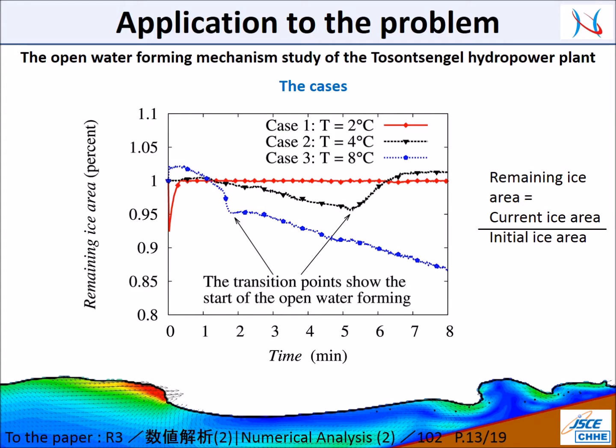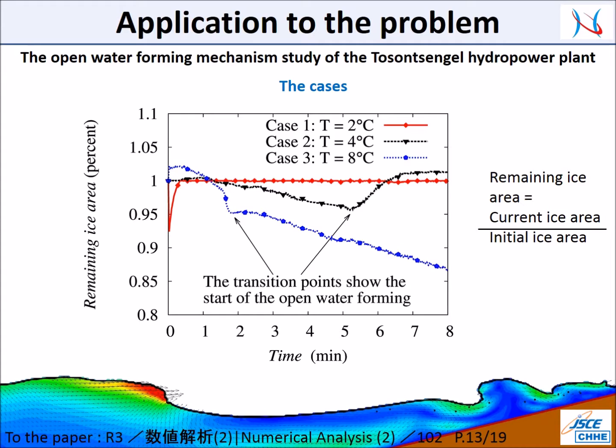This is the result for the 3 cases, showing remaining ice area. In the graph you can see case 1 shows that the system is in equilibrium, because the remaining ice area is conserved.